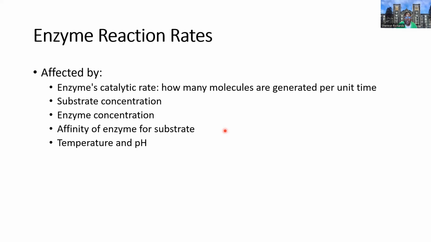Lastly, temperature and pH. We know that enzymes are denatured under higher temperatures and acidic pH. So if the enzymes are in extremely high temperatures or extremely acidic pH, they can be denatured.